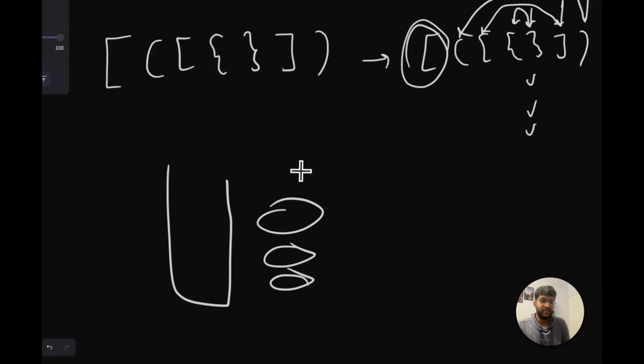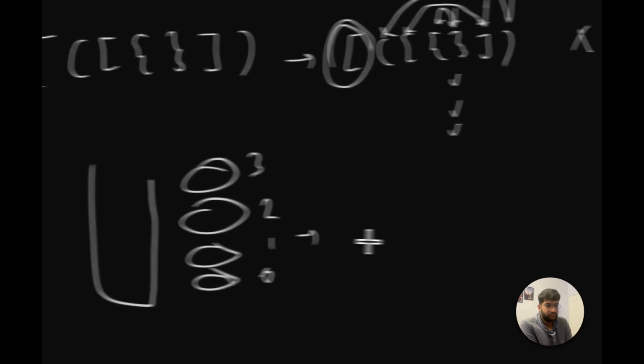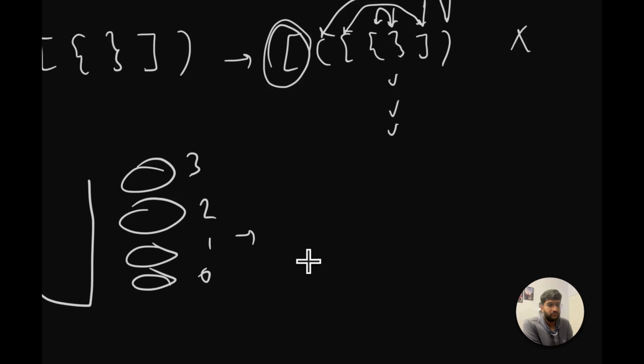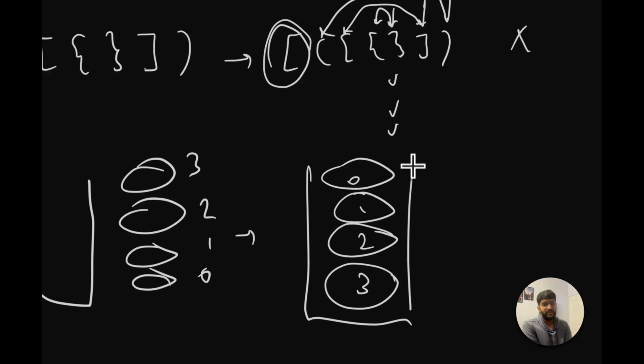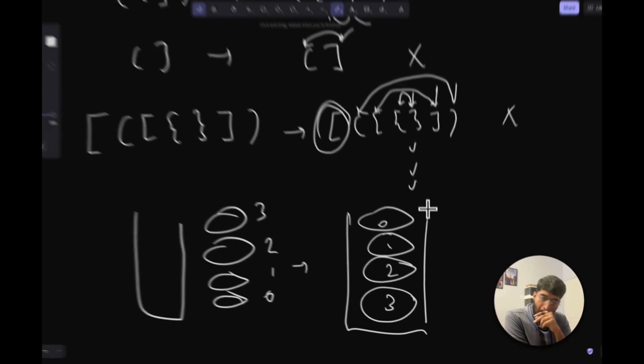Let's say 3 is here and 2 is here, 1 and 0. The 3 goes in and comes at the bottom. 2 comes next, 1 comes next, and 0 comes next. So see, whatever is the latest.